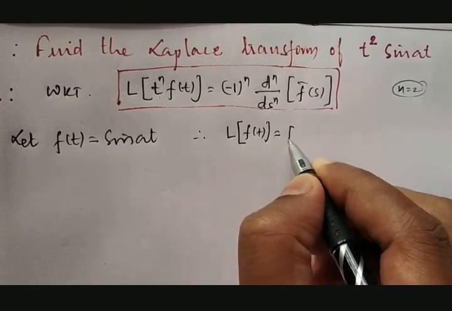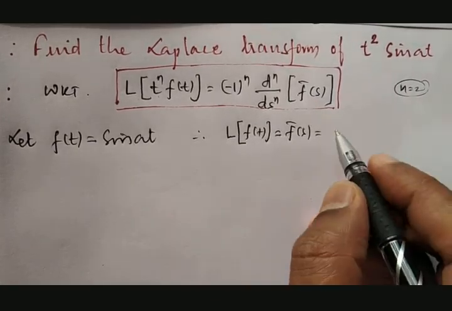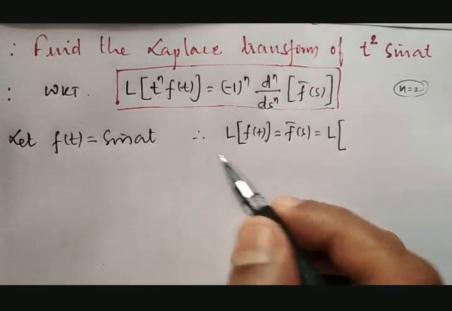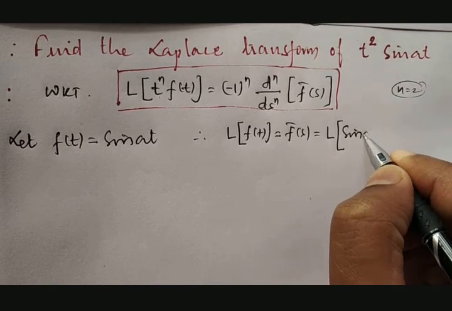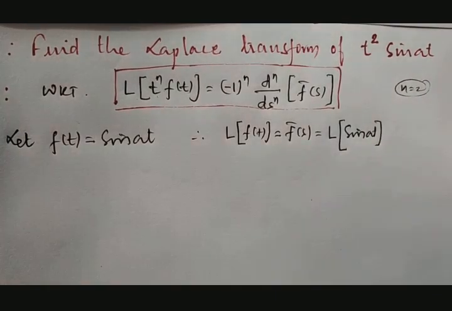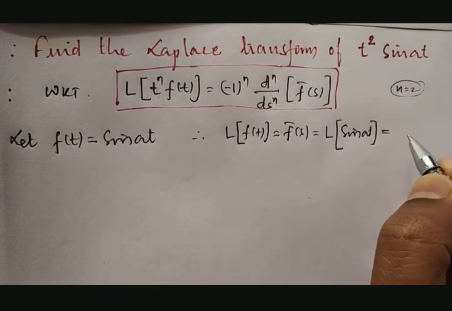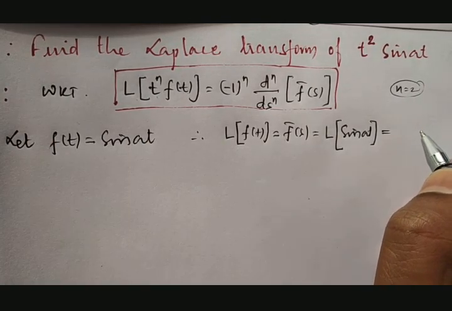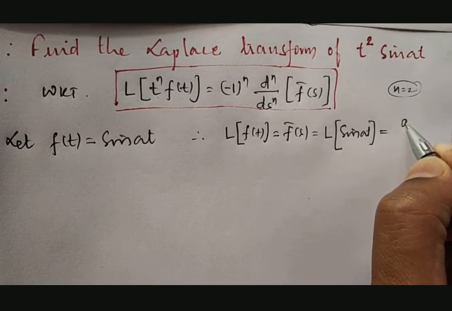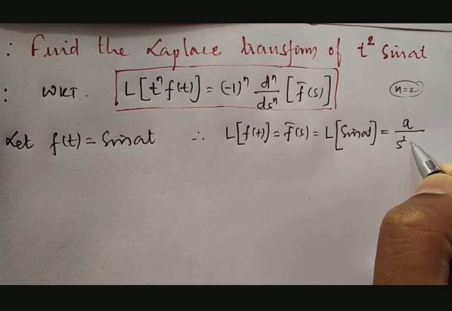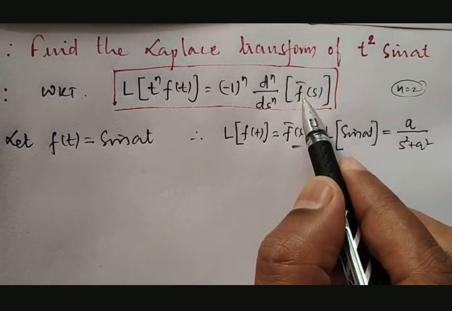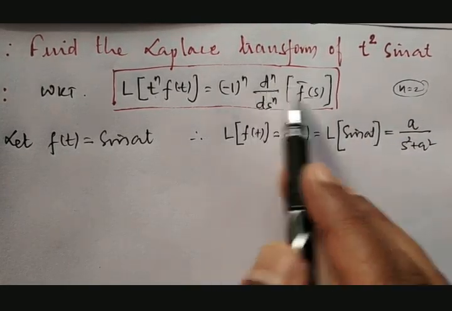The Laplace transform of sin at is a standard result which we know: a divided by s square plus a square. Therefore, our f bar of s is ready. And n is equal to 2.